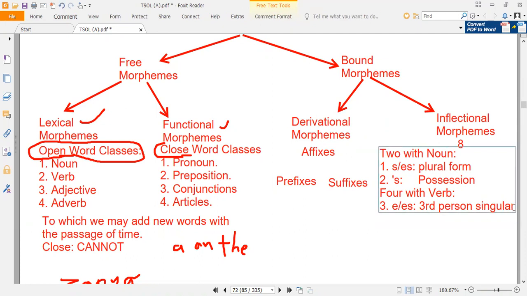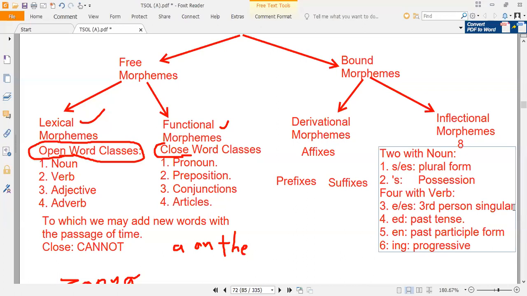Third person singular. Then fourth is ed. Past tense. Fifth is past participle. And six is the ing, progressive form.